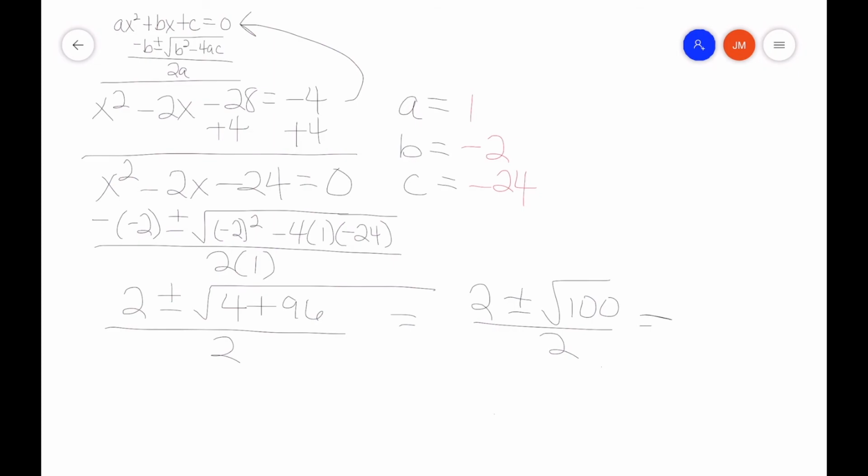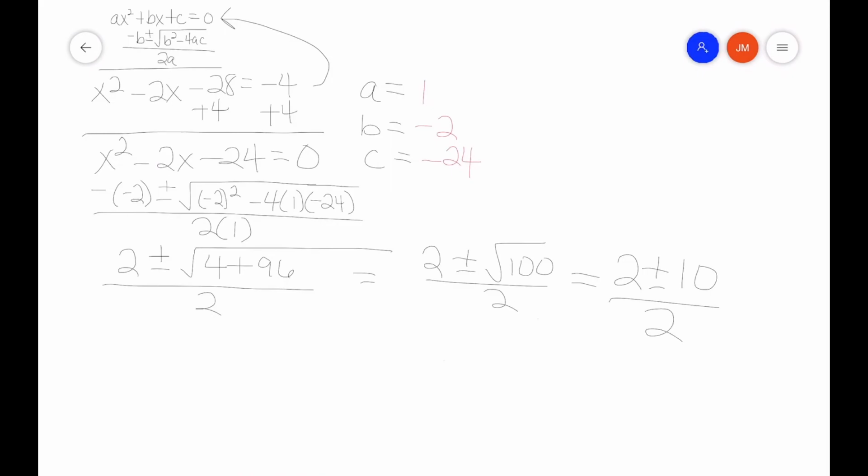So from here we know the square root of 100 is 10. So we have 2 plus or minus 10 over 2. So from here, we know we have two answers. 2 plus 10 over 2 and 2 minus 10 over 2. 2 plus 10 gives us 12 over 2, which equals 6.